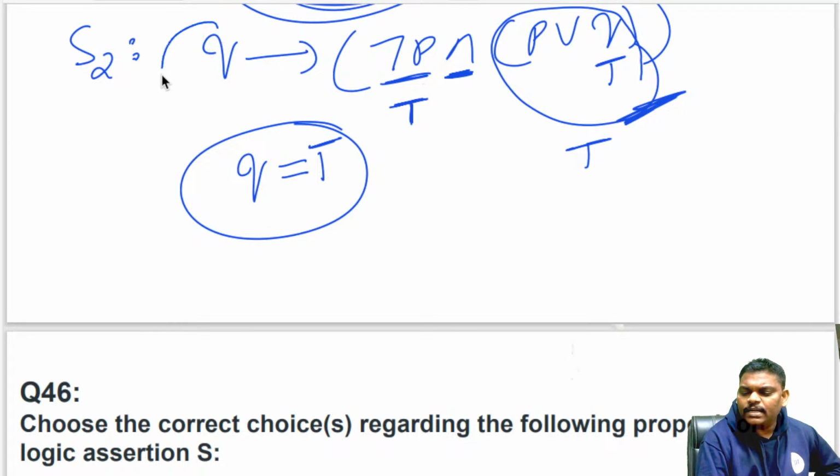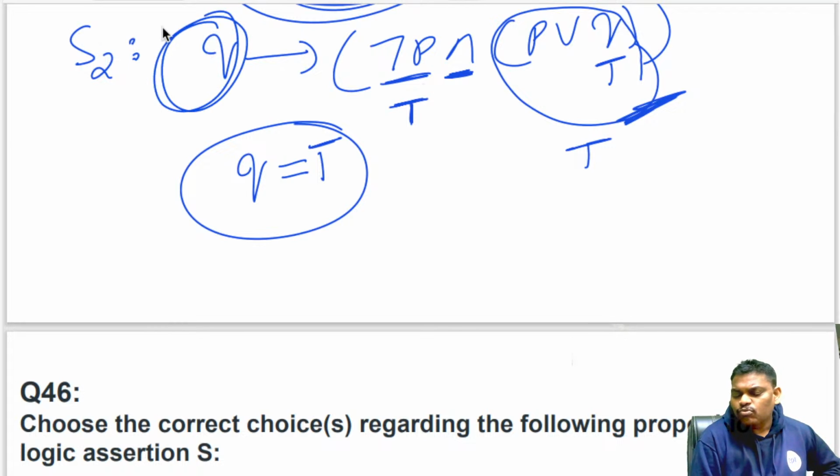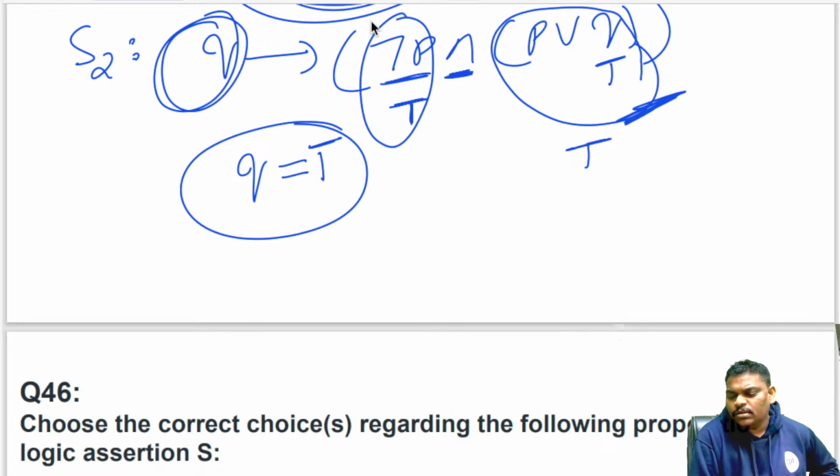From the left-hand side, I didn't get any conclusion about P. P may be true, P may be false. The left side only said that Q should be true, but to prove the right as true, I should prove that this is also true. The left side has not given any confirmation about P.